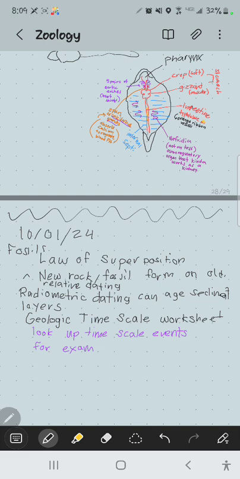And through various processes, that magma can push up to the surface. So we can have things like volcanic rock or pumice, or granite, or basalt.